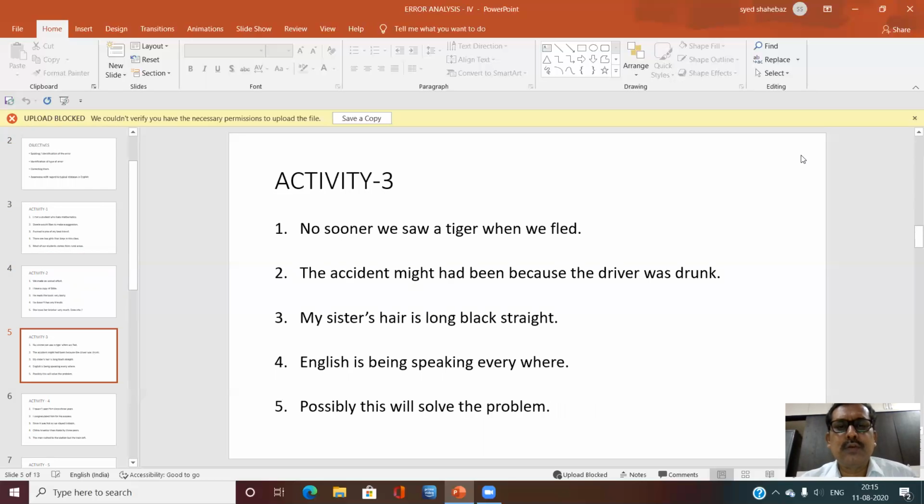No sooner did we see a tiger than we fled. The accident happened because the driver was drunk. My sister's hair is long, black, and straight. English is being spoken everywhere. Possibly this will solve the problem. Possibly this would solve the problem.